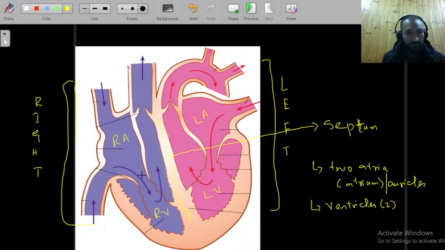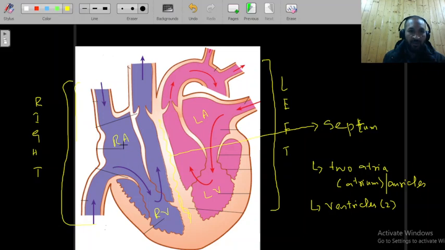Now, the job of the right half of your heart is actually to receive blood, and the job of the left half of your heart is to pump blood to your body after it gets oxygenated in your lungs. So whether it is right atria or left atria, they will receive blood either from your body or from the lungs.